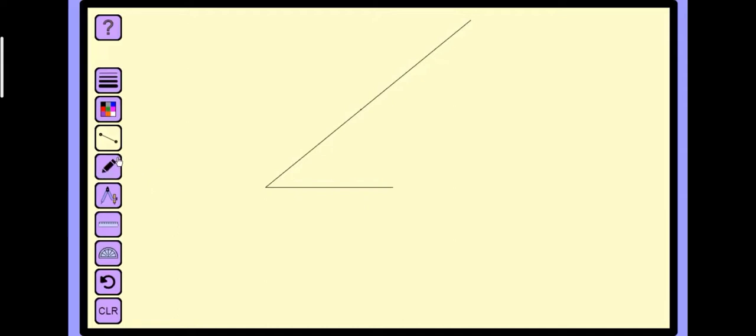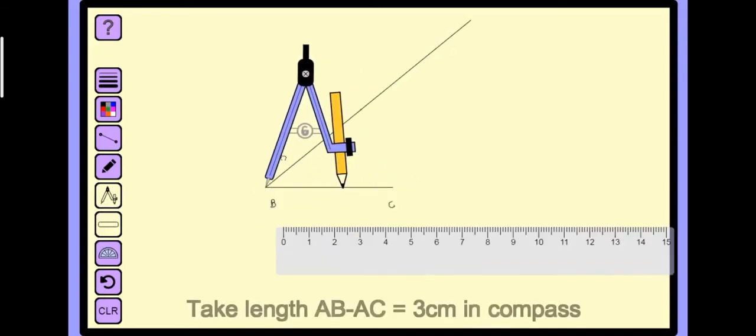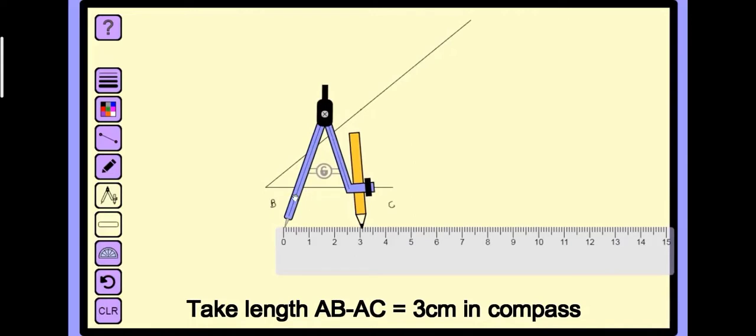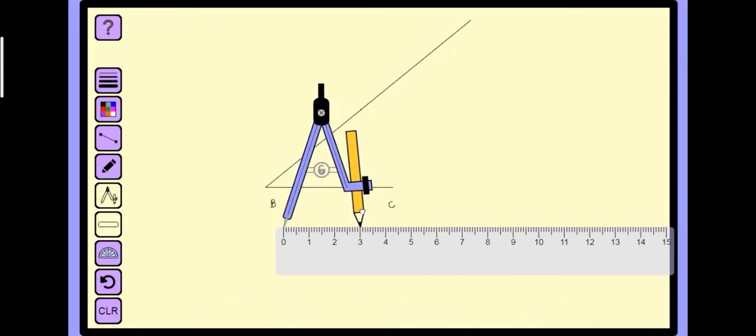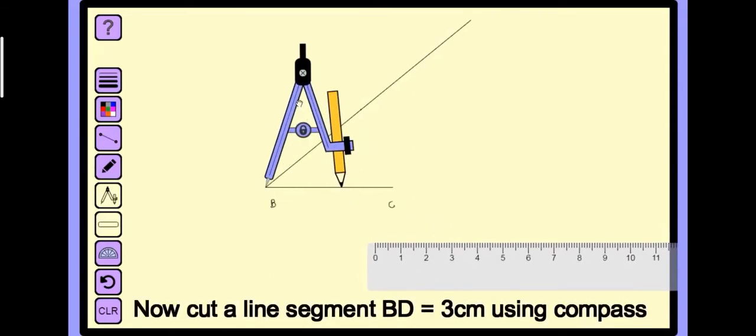Now here it is a difference, so we have to extend the ray B backward. Now draw from B to C. Here AB is greater, therefore we take the difference AB minus AC equal to 3 centimeter.